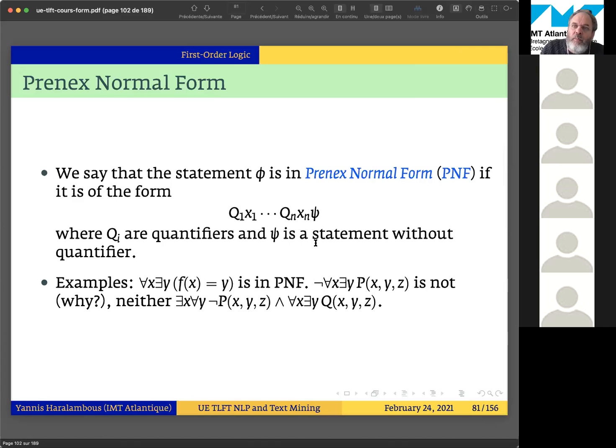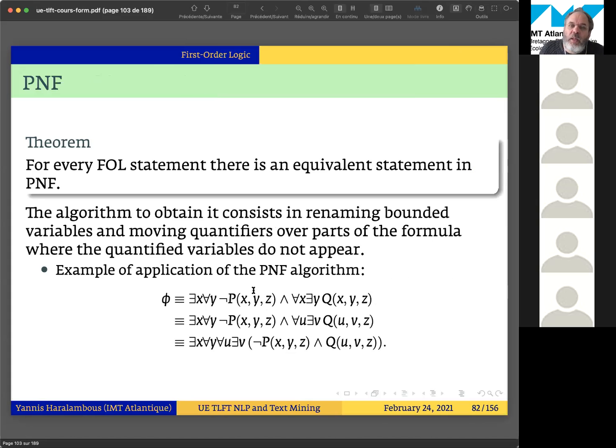So I'm not obtaining a different formula, I get a formula that is equivalent, but with the quantifiers at the beginning. For every formula, there is an equivalent formula in Prenex form. There is an algorithm for doing this.